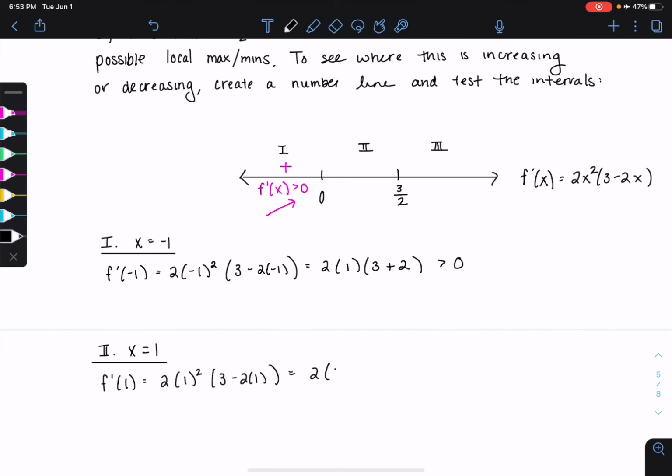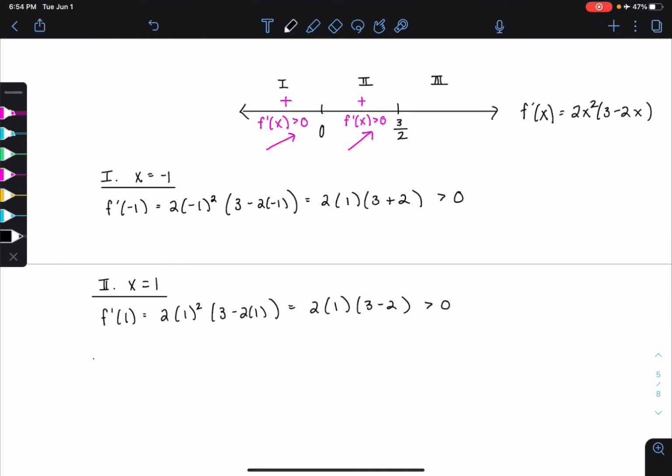So that's 2 times 1 times 3 minus 2, which is 1. This thing is definitely positive. So again, my derivative is positive on this interval. And again, that means it's increasing. Okay. Now I want to pick something in interval 3. Let's plug in 2.